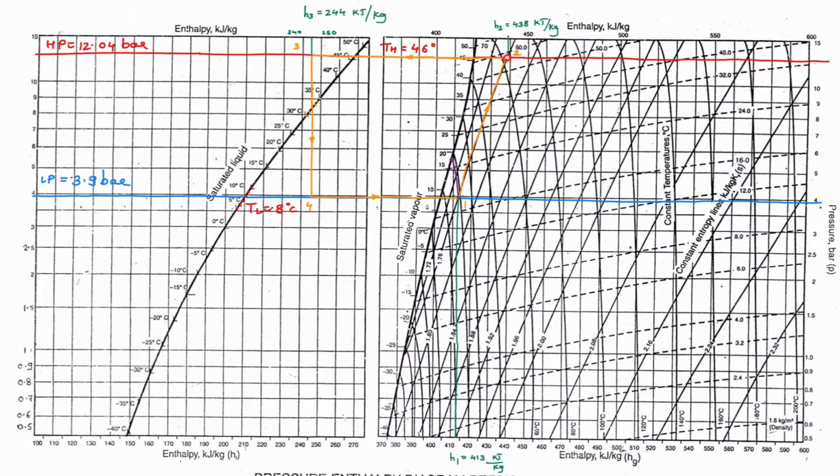Now for point 2, draw a vertical in the upward direction. Wherever it cuts the horizontal axis, that will give you point 2. Now this is 400, 410, 420, 430, 440 and this is 450. Here you can see this is 430 and this is 440 and the line is over here, so approximately H2 is 438 kilojoule per kg.